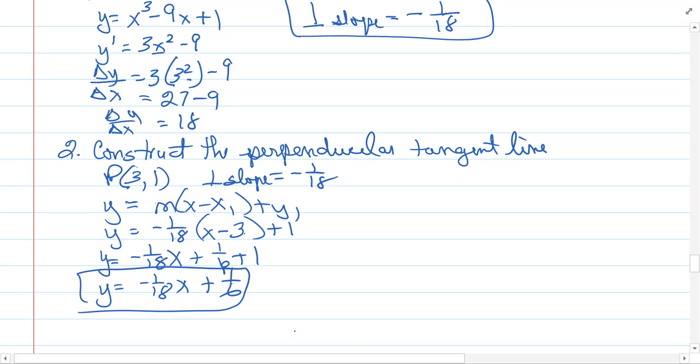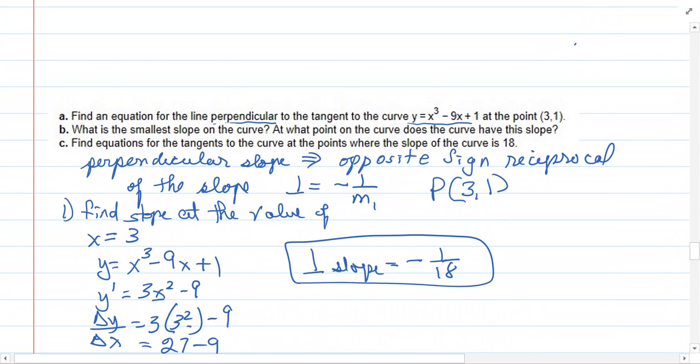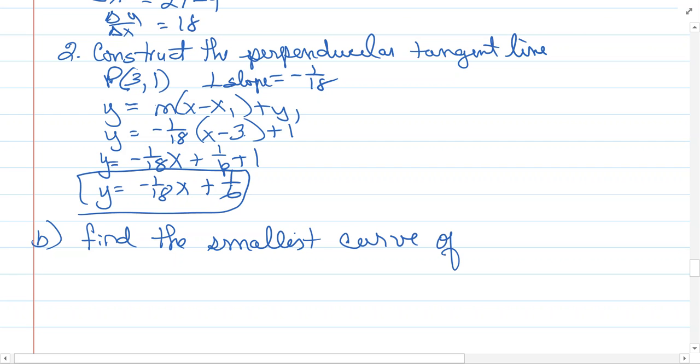Now we want to answer the B part. And the B part says the smallest slope of the curve. Okay, so we consider first our change of y over change of x function, our derivative function.